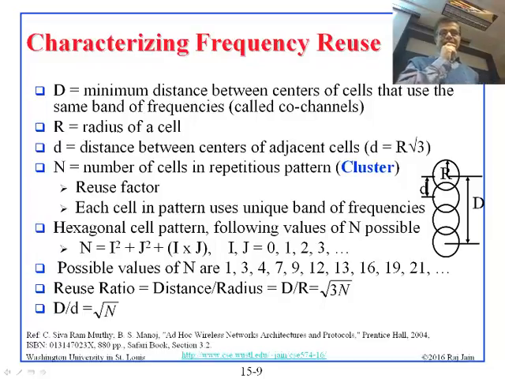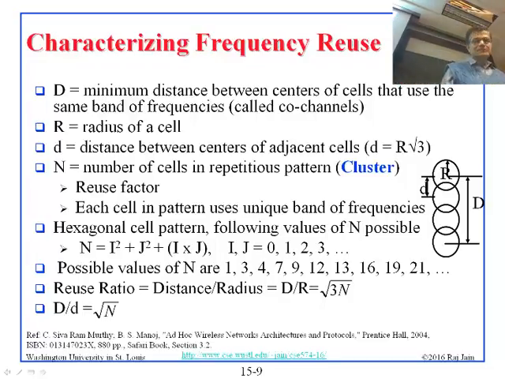So that is one possibility. And go on putting more and more. 2 plus 2 gives you 4 plus 4, 8 plus 4, 12, and so forth. Somewhere you will get 7 too, and 4, 7 and 19 like we saw. So possible values are 1, 3, 4, 7, 9 and so on and so forth. So this is a series by itself.